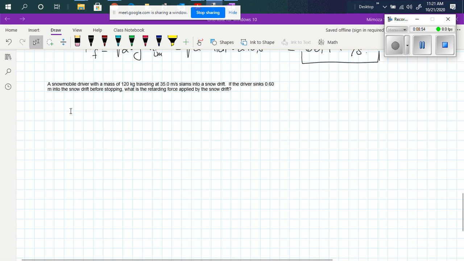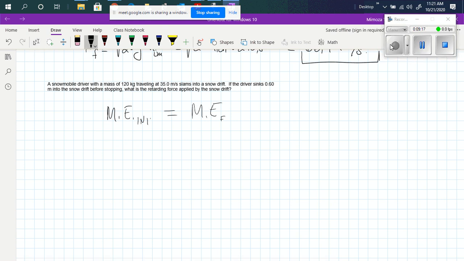Okay, so what do we have here? The conservation law of energy is mechanical energy initial is equal to mechanical energy final.